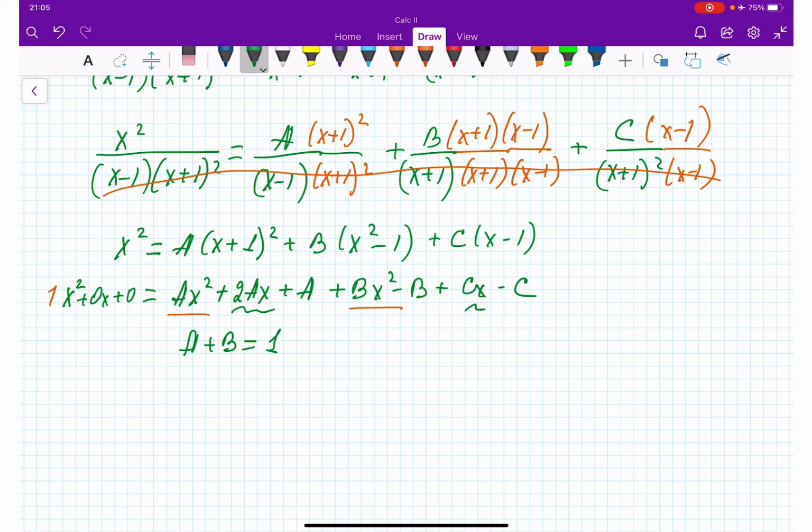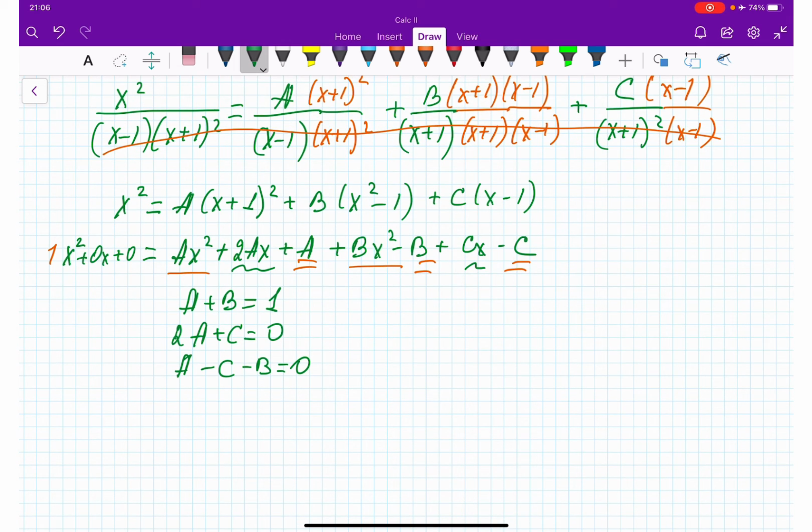So which means 2a plus c is going to be equal to 0, yes? For the two available terms, a and negative c, it is going to be a minus c, and minus b also here, is equal to 0. Okay?